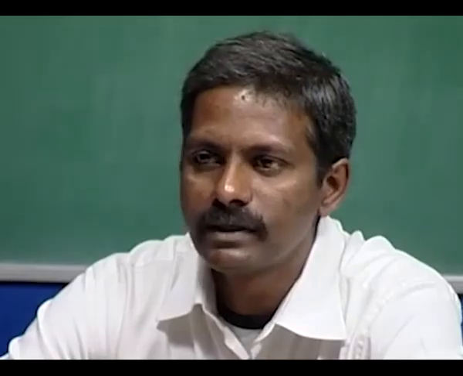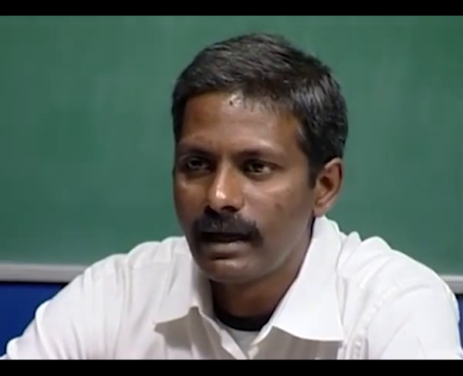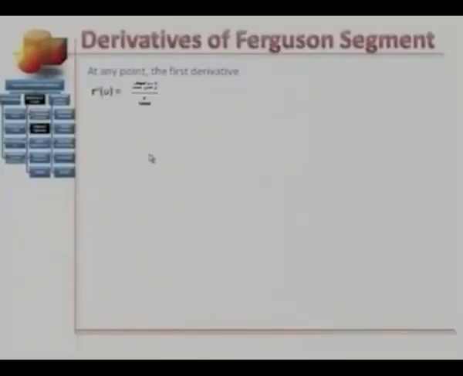At any point, the first derivative is given by r super u of u, which is dr over du, which is (6u squared minus 6u) times pi plus (minus 6u squared plus 6u) times pi plus 1 plus (3u squared minus 4u plus 1) times ti plus (3u squared minus 2u) times ti plus 1.